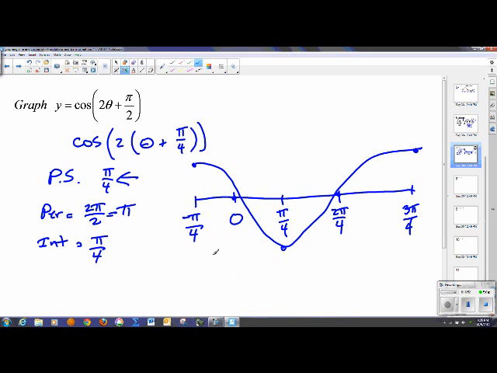Once again, check a point. We'll check the point pi over 4. I usually check the points where I have a 1 or a negative 1 rather than a 0, because there's 2 possibilities of zeros.